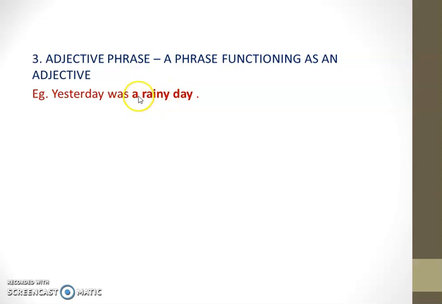Here you can see that in this phrase there is an adjective, that is rainy. But it functions as a single unit in this sentence in order to describe the subject yesterday. Yesterday was a rainy day. So a rainy day functions as such as an adjective, and therefore it is an adjective phrase.